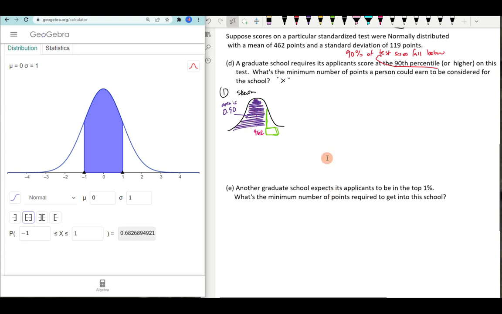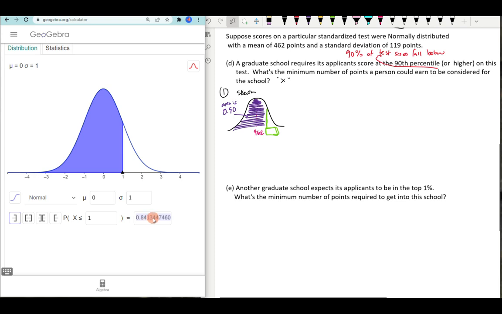So to figure this out, we're going to start by using our probability distribution. I'm saying, okay, I know that I need the area to be 90%. I'm interested in a less than situation because I'm looking at a percentile. So I'm going to select less than. I know what my probability is going to be. I know what the proportion is.